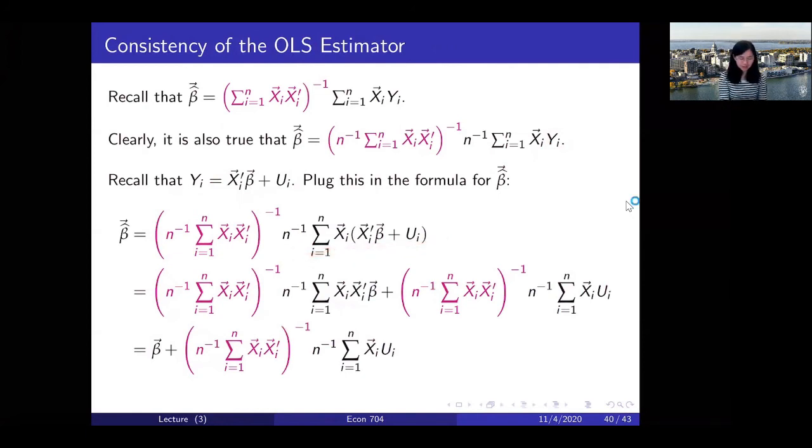The next step is to distribute this x vector to these two terms in the parentheses. So this product becomes x_i prime beta plus x_i times u_i.